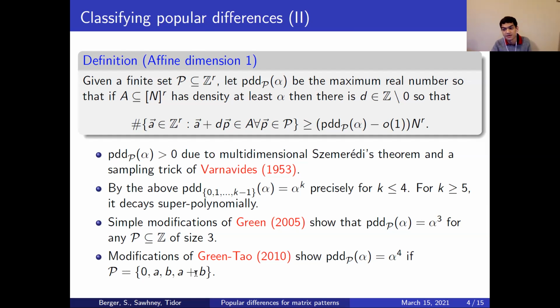This pattern corresponds to the first 2 and last 2 elements of a 5 AP. And counting those patterns, according to Green–Tao, also satisfies that you can always find a popular difference.